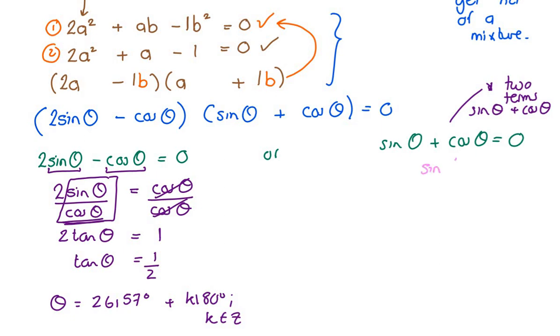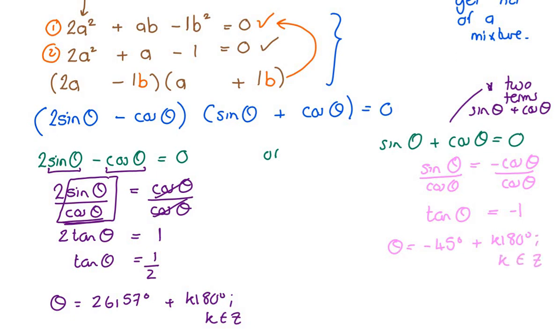On this side, I would say sine theta equals negative cos theta. I would divide by cos theta on both sides, basically so that you're just rearranging to put cos theta at the bottom so that it becomes tan theta. And shift tan of negative 1 is negative 45 degrees plus k180. k is an element of integers.